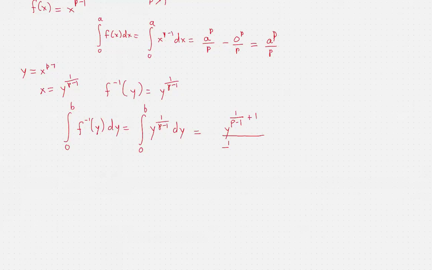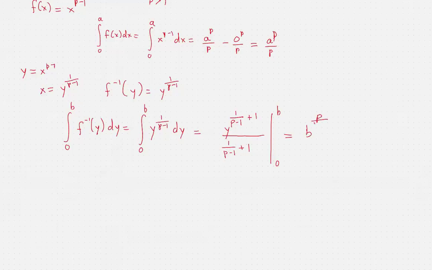And of course, this is going to be b to the 1 over p minus 1 plus p minus 1 over p minus 1, that is going to be p minus 1 over p, b to the p over p minus 1.